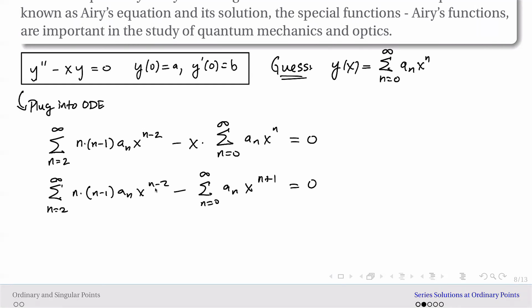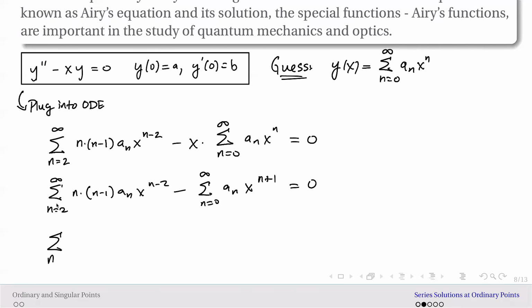So here's what I'm going to do. I'm going to get them both to be x to the n, because I like dealing with x to the n better. So what would we do on this one? I need to add 2 to this power. So I'm going to add 2 to all the n terms here. Don't forget to add it to the general term as well. But if I'm adding 2 here, I have to subtract 2 here.